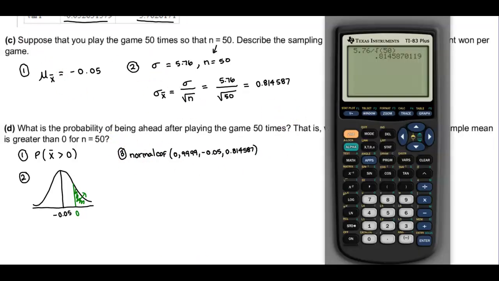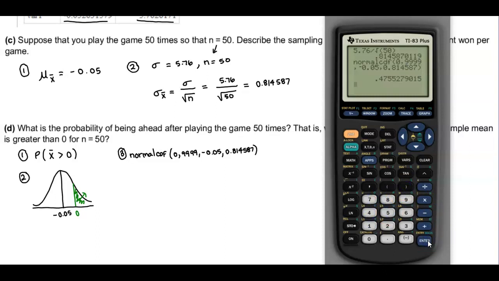So let's go ahead and put that in. We have second distribution, normal CDF, with 0 as our lower bound, 9999 as the upper bound, the mean is negative 0.05, and the standard deviation of the sample means is 0.814587.